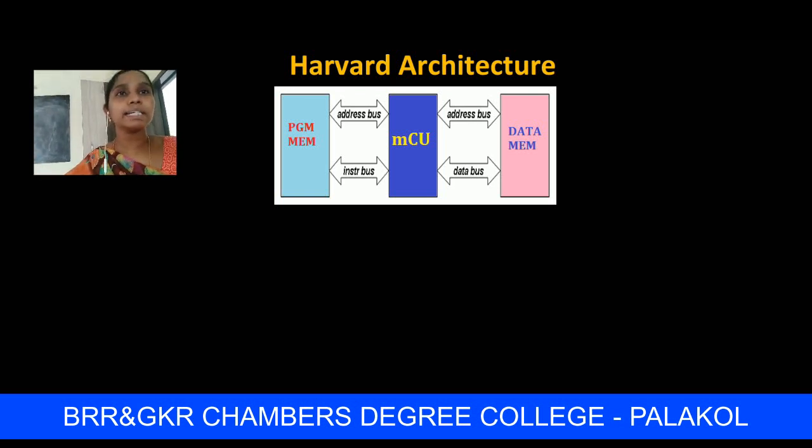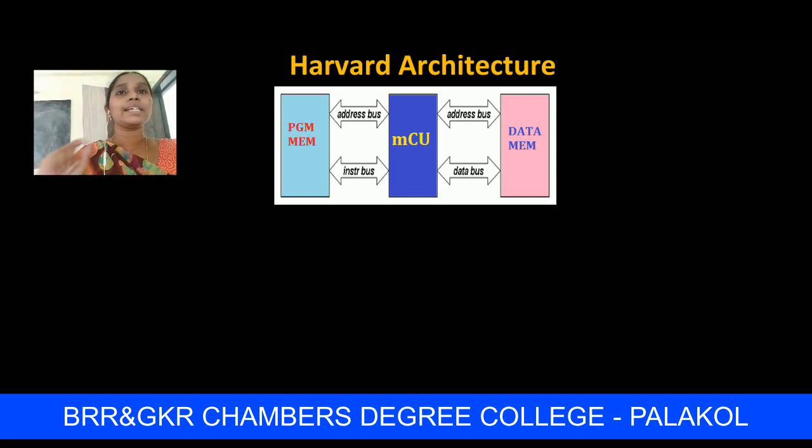We have already discussed that in Harvard architecture there is a separate memory to store the data and a separate memory to store the program. To access the data or the program, the microcontroller unit uses buses: an address bus, a data bus, and an instruction bus.